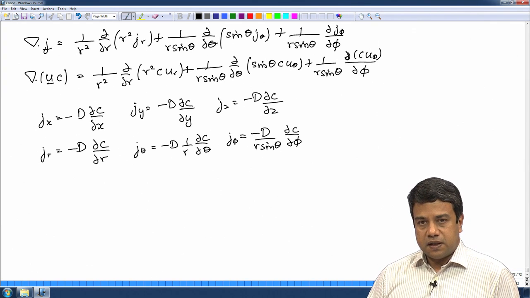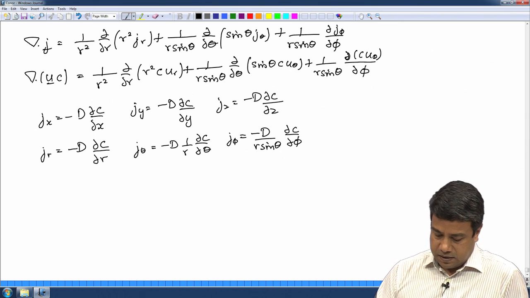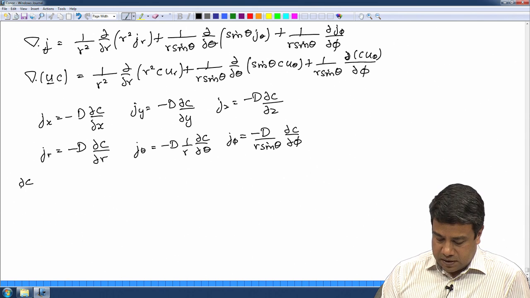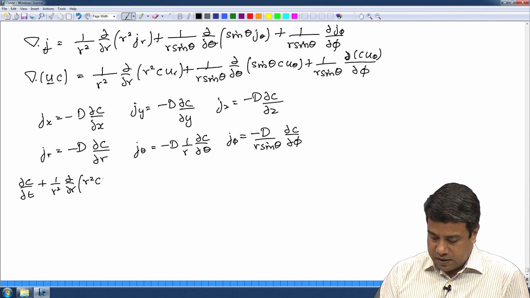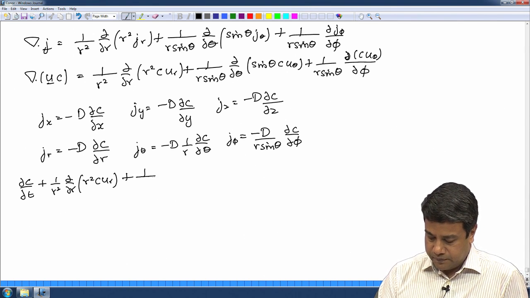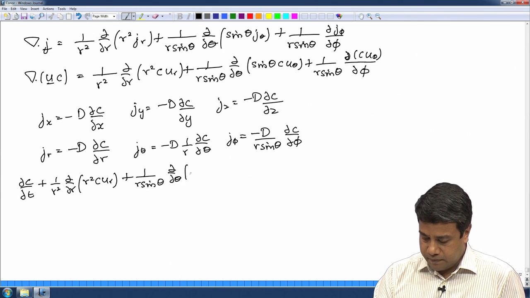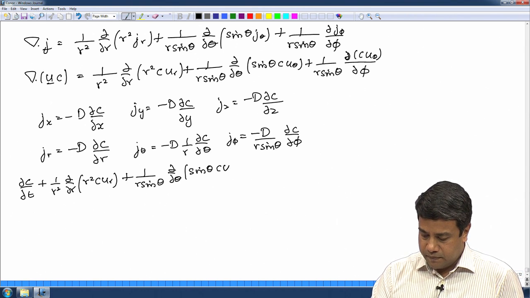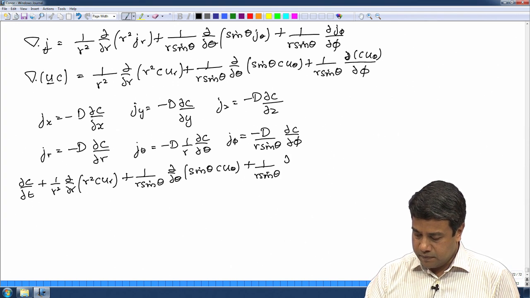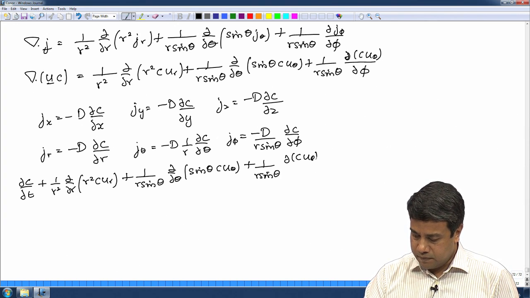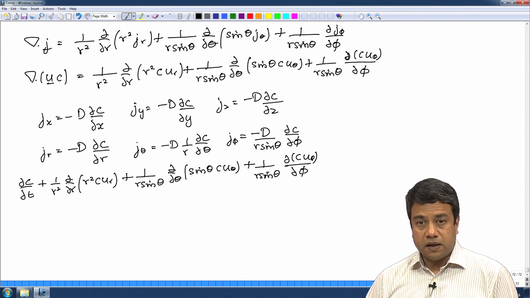And these expressions I can insert into the differential equation on the right side. On the left side I had partial c by partial t plus 1 by r square d by dr of r square c u r, and so on, which is del dot c u.